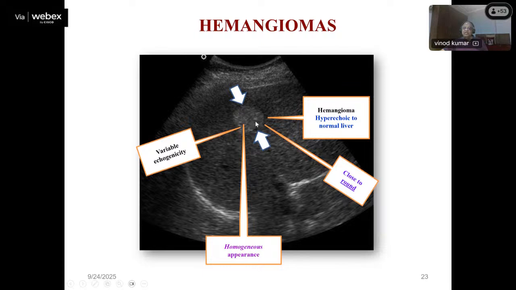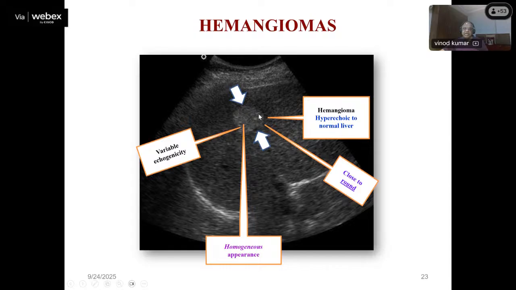Echogenicity is not constant, it is variable. Here it is different, here it is different, everywhere it is different. Overall appearance is quite homogeneous. Hemangioma has hyperechoic to normal liver.